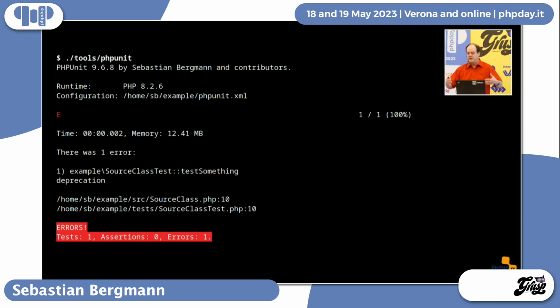So PHPUnit 9 hits the line with the trigger_error. That trigger_error causes the E_USER_DEPRECATED. PHPUnit's error handler acts upon the E_USER_DEPRECATED, turns that into an exception. The exception is thrown. Throwing the exception aborts the execution of the test method. And the only thing we know is, "Hey, there was an error."